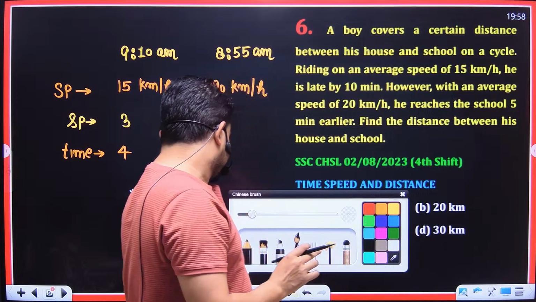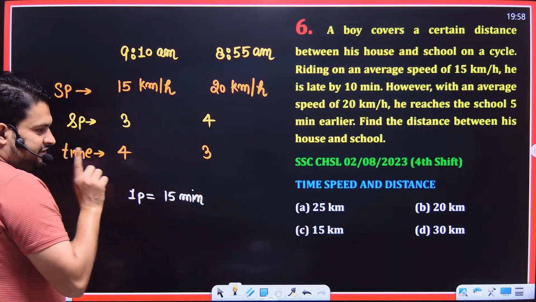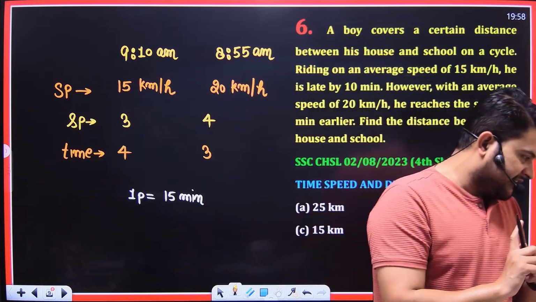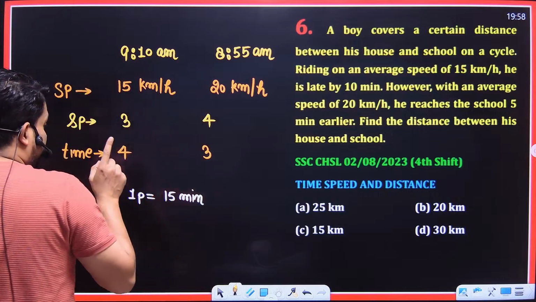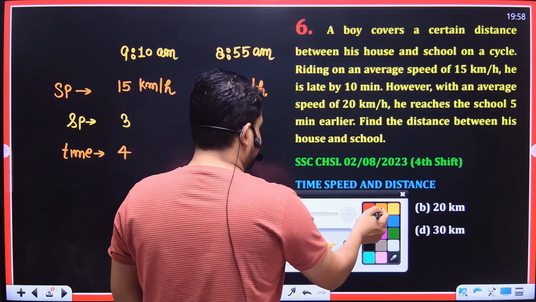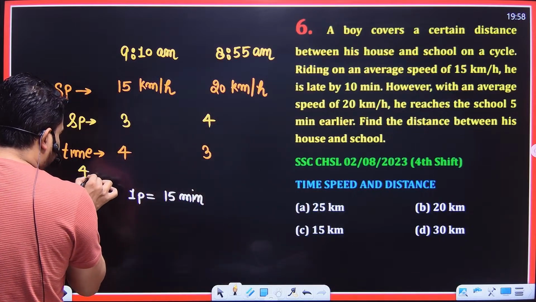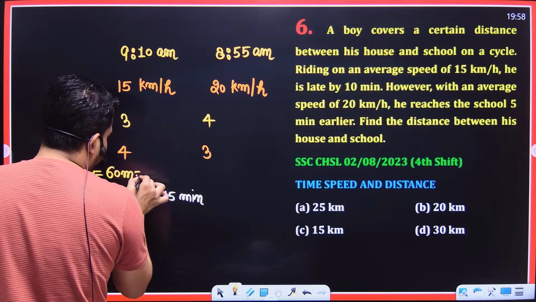So we will multiply this 15 in these numbers. You will multiply by such a number that makes a complete hour, 60 minutes. The value of 4 units is equal to 60 minutes, and 60 minutes is equal to 1 hour.